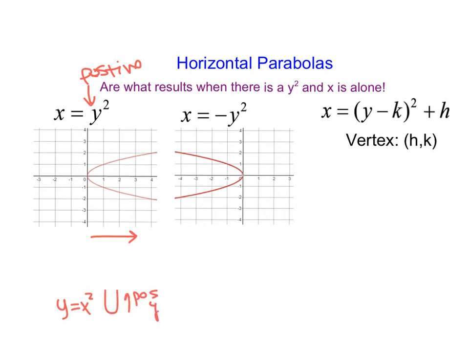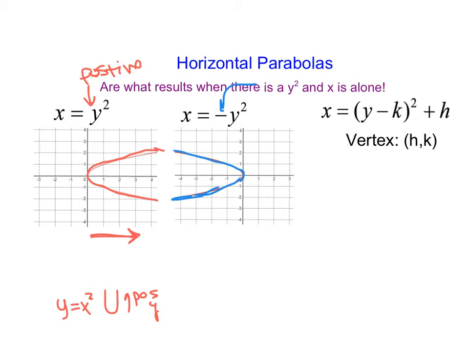And here, to the right, is towards the positive x value. So when we have x equals y squared, that's going to open up to the right. Now, if we have a negative out in front, you're going to notice that it opens up towards the negative x value. So here we have it opening to the left. So notice those slight differences there.